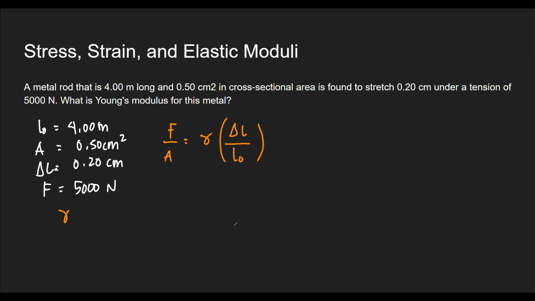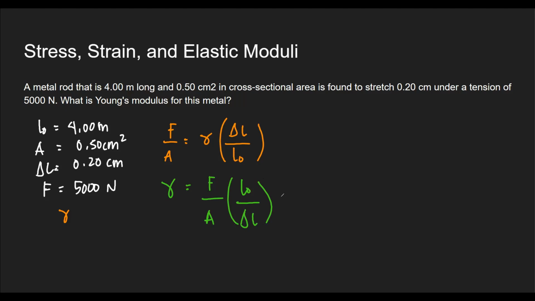So we're looking for Young's modulus, we just need to transpose, or divide everything by delta L over L naught. That would just be my F over my area times the denominator of this, L naught over delta L.